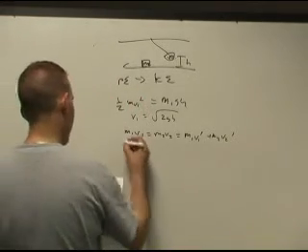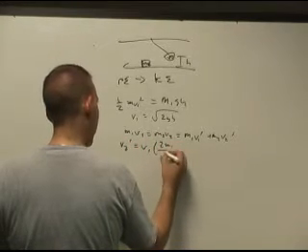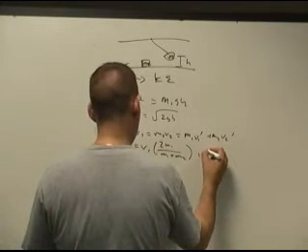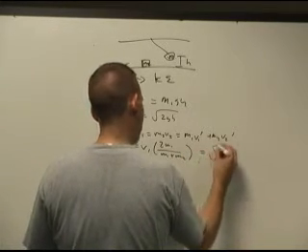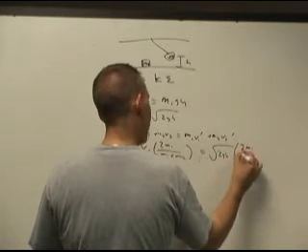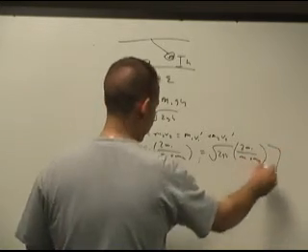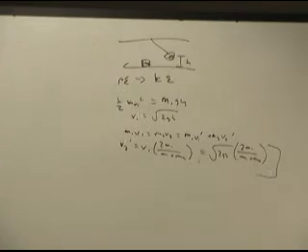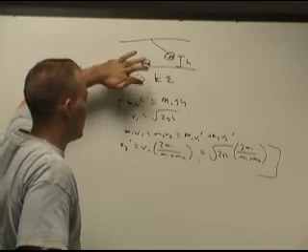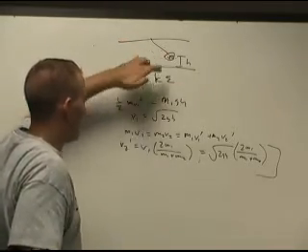So v2 prime is equal to v1 times 2m1 all over m1 plus m2, and that is equal to the square root of 2gh times 2m1 all over m1 plus m2. You just got to know your potential energy, mgh, and kinetic energy, 1/2 mv1 squared. You can use that because it's elastic. Solve for your velocity, and you get your velocity there.